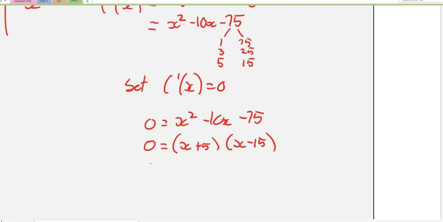So therefore x equals negative 5 or 15. So I'll just give you a sec to catch up.